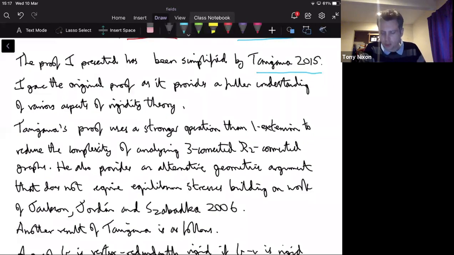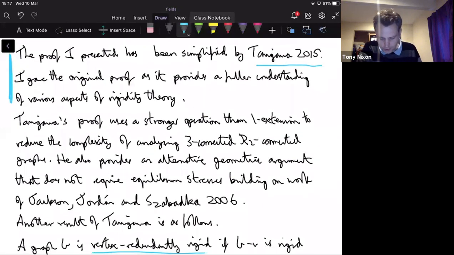It still uses a lot of the combinatorics that I presented, but it gets around some of the more technical bits that I didn't present, and almost reduces the combinatorial step to finding a vertex of degree three. So it still goes into the ear decompositions of the R2 connected graphs as we did, but then not having to worry so much about the admissibility and feasibility in general. There's a paper called Sufficient Conditions for Global Rigidity or something close to that. So this is a nice proof to look at if you like.